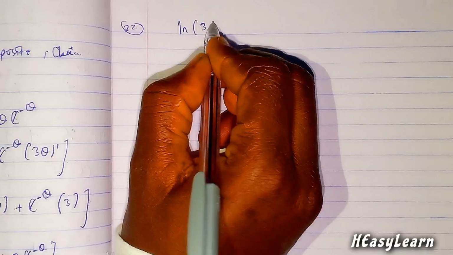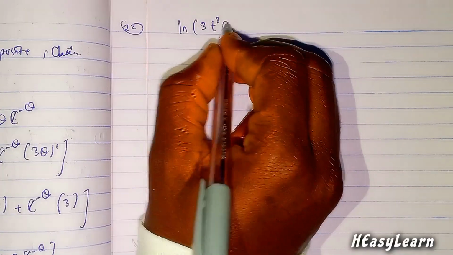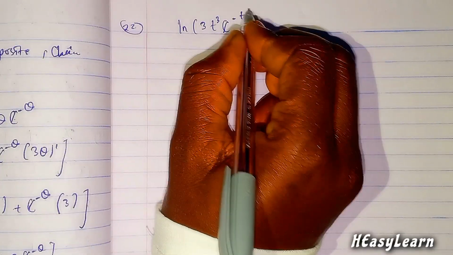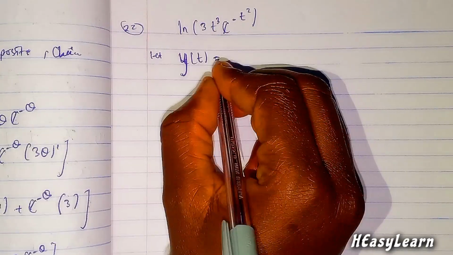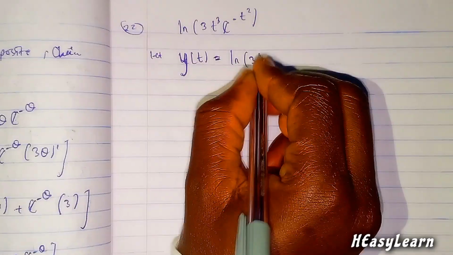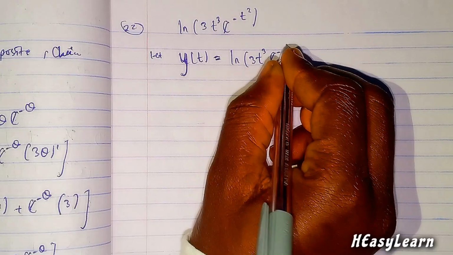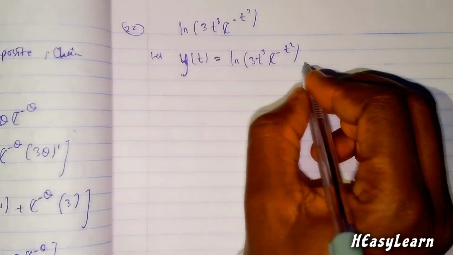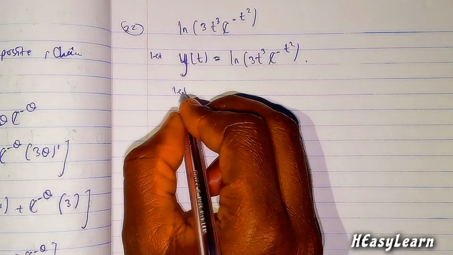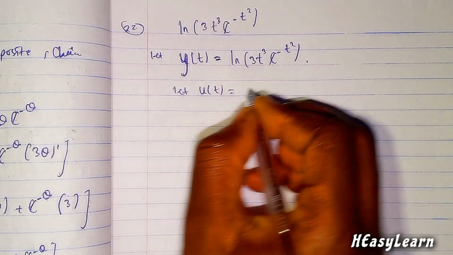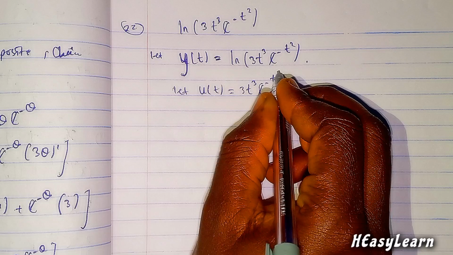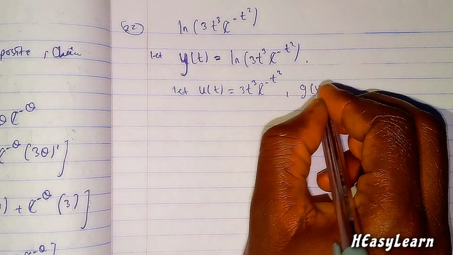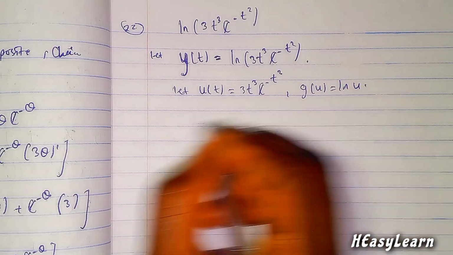Given ln(3t^3 e^(-t^2)), let y of t equal ln(3t^3 e^(-t^2)), a function of a function for which u of t is equal to 3t^3 e^(-t^2). g of u is equal to ln u.